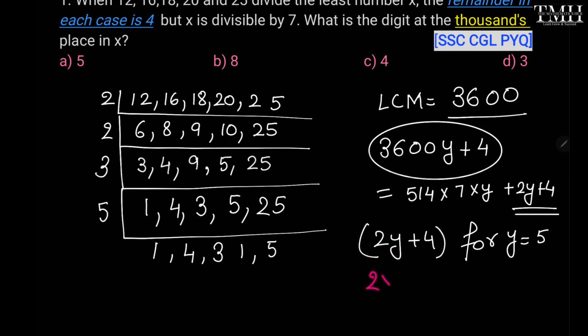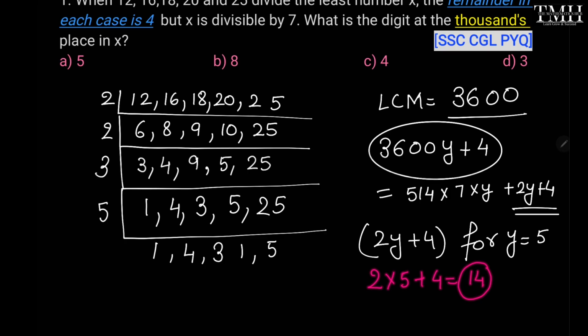Now 2 multiplied by 4 plus 4 is 8 plus 4, equal to 12, also not divisible by 7. Now 2 multiplied by 5 plus 4 is equal to 14, and this number is completely divisible by 7.